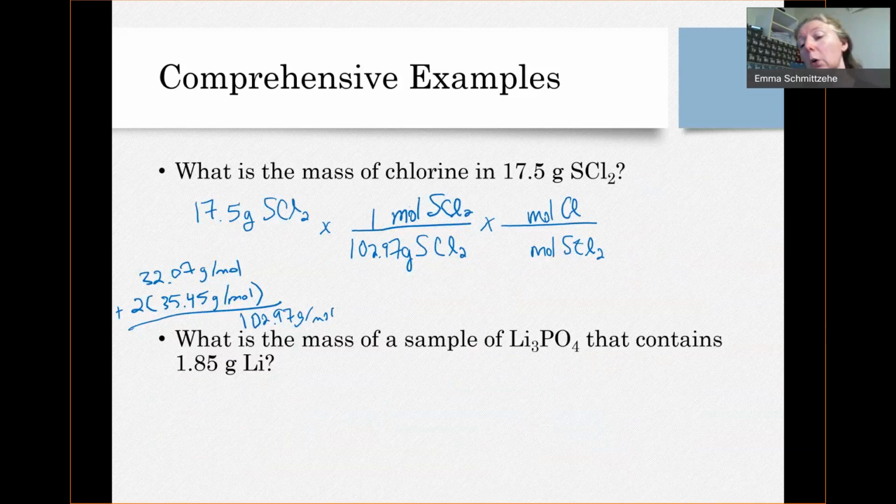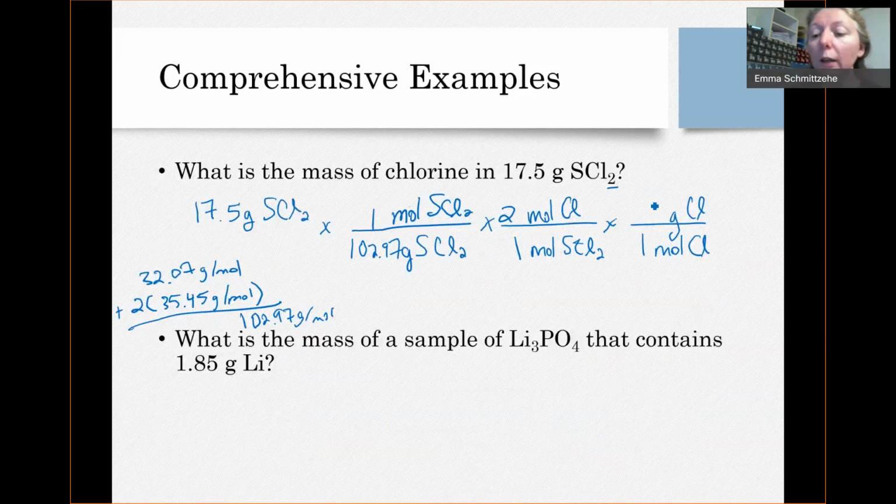Okay, so from the chemical formula, I can say that 1 mole of that compound contains 2 moles of chlorine because there's a subscript of 2 with the chlorine. Okay, and then from there, I can convert from moles of chlorine to grams of chlorine. And that'll get me to what I'm looking for.